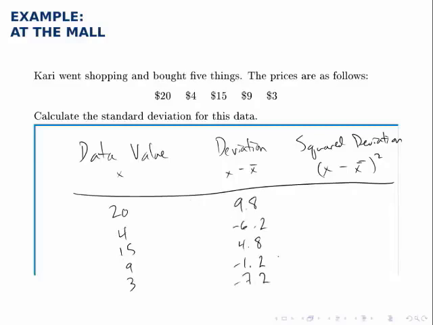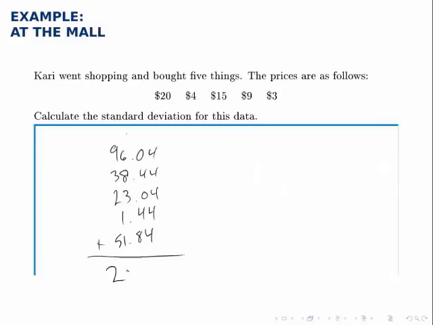And remember, the reason that we square them is because if we try to average these deviations, we would get 0, because the positive ones and the negative ones would cancel each other out. But by squaring them, we end up with all positive numbers, so when we average those, they don't cancel each other. Then here all the squared deviations are filled in. Now, we need to add those squared deviations, divide by n minus 1, or 4 in this case, and then take the square root of the answer.